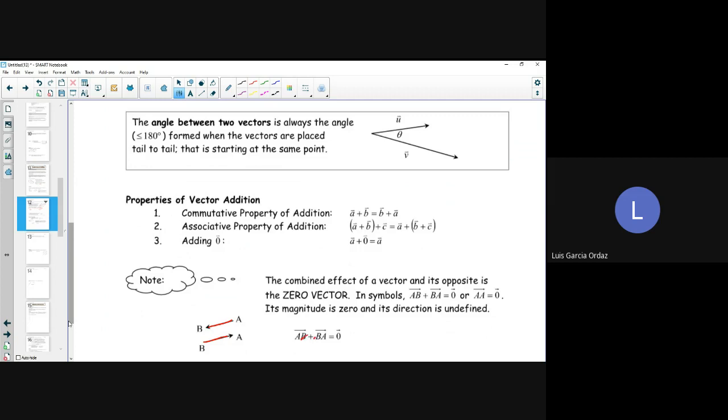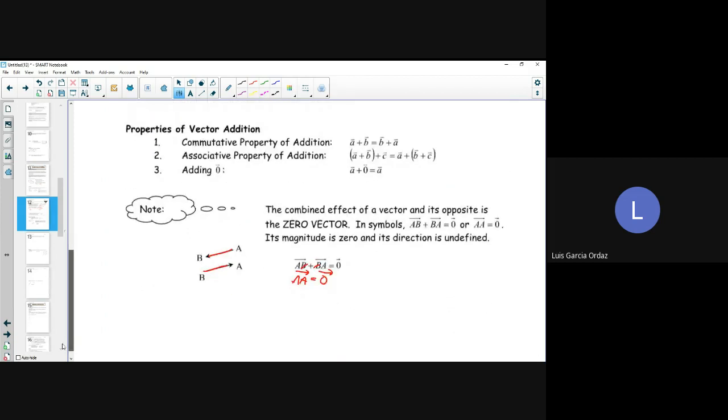These things cancel out, which gives me vector AA, which gives me my 0 vector. So that is the 0 vector.